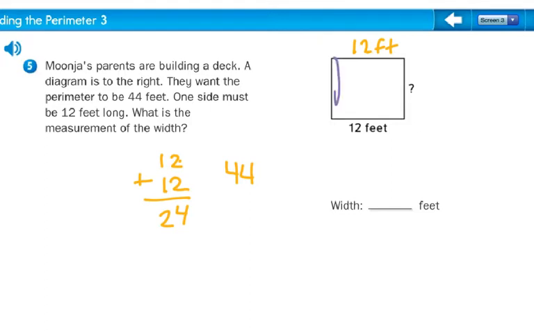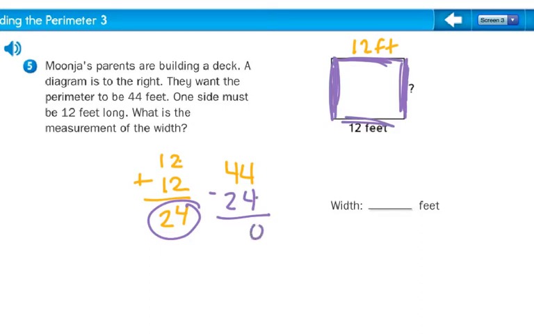So the other two sides are going to be made up of what is left when I take 44 minus the 24 that we know the two lengths already are. So go ahead and write 44 minus 24. 4 minus 4 is 0. 4 minus 2 is 2. So this side plus this side together has to equal 20.